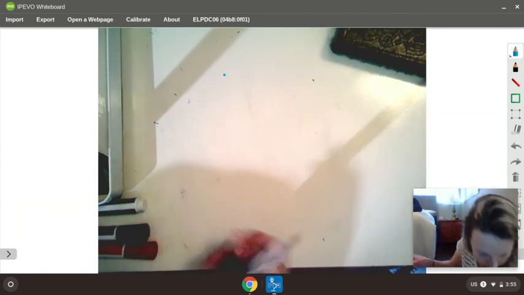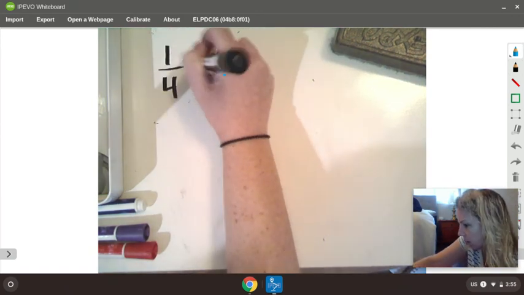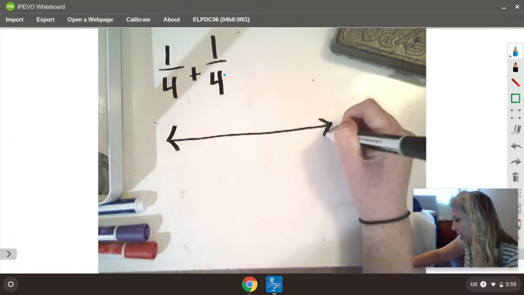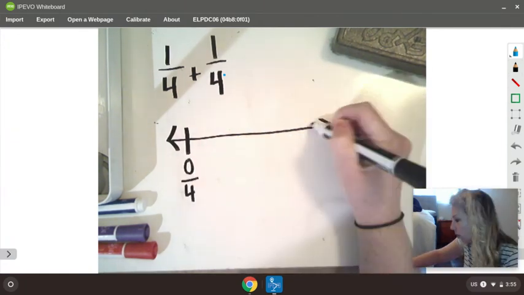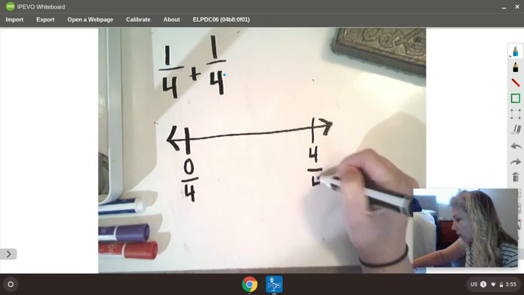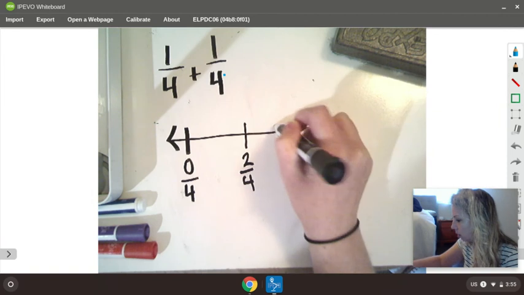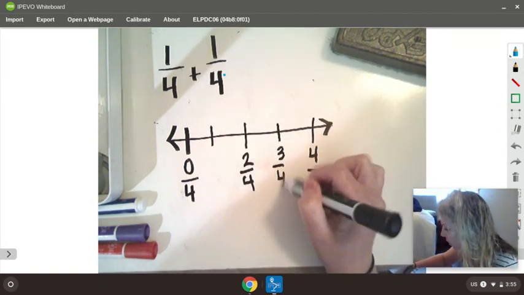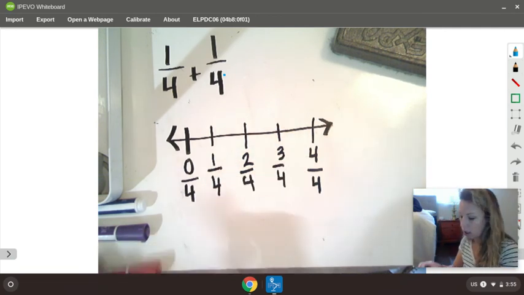Okay, my last example is 1/4 plus 1/4. This is a nice easy one for you. We're dealing with fourths, so I'm going to separate my number line into 4 equal parts. If I have 0/4 and 4/4, right in the middle would be 2/4, and I would only have to put one in between each of those to mark 1/4 and 3/4.